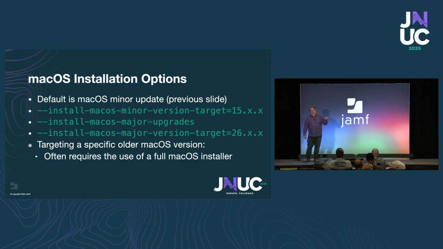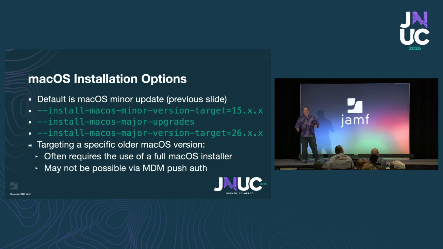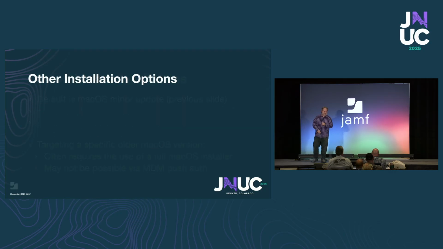And that is going to be a slower experience for the user. Even after they click restart, even on the fastest Macs, it's 2 to 3 times longer than the over-the-air updates. So just know that it's there. And also, if you use MDM as your auth mechanism, it might not be able to work. Super will fail over for that because MDM can only target certain versions.